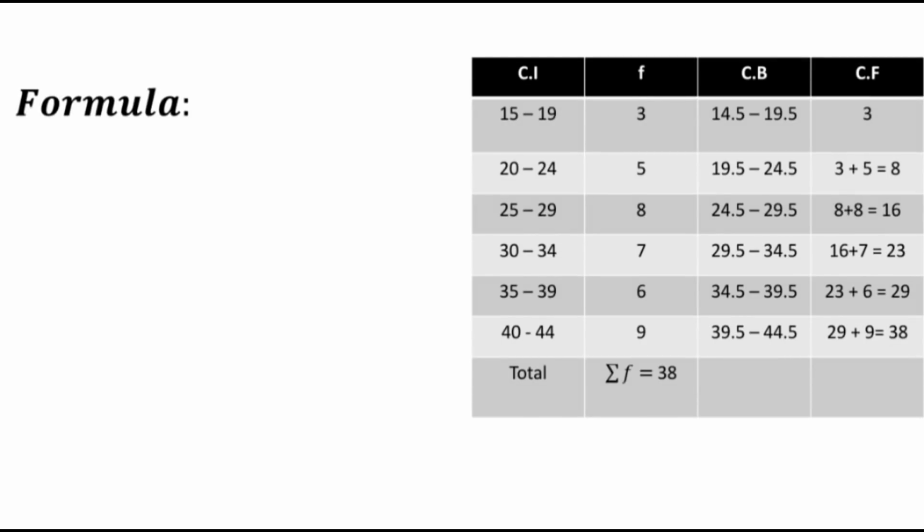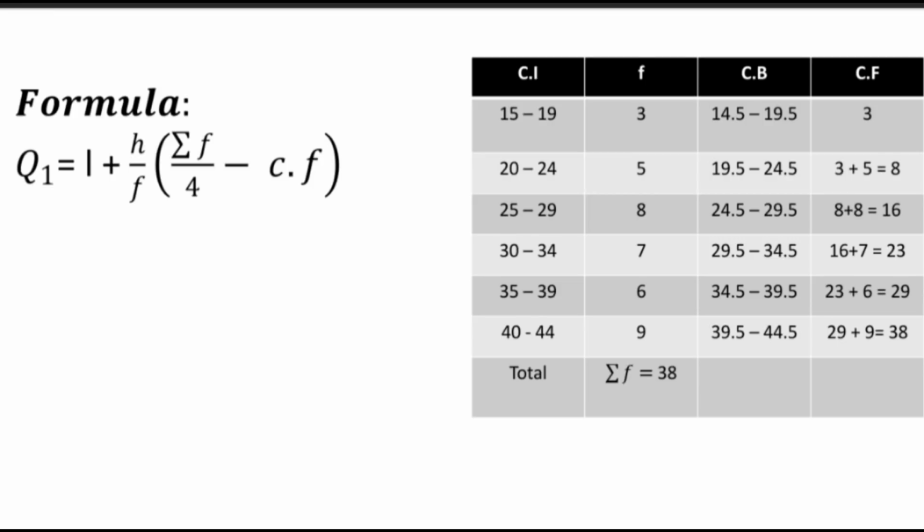We know that the formula of Q1 is L plus H upon F into summation F upon 4 minus cumulative frequency. Students, to find out or locate the value of Q1, we need to find out summation F upon 4, that is 38 upon 4, and the value is 9.5.